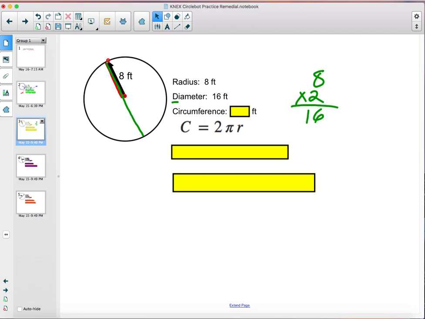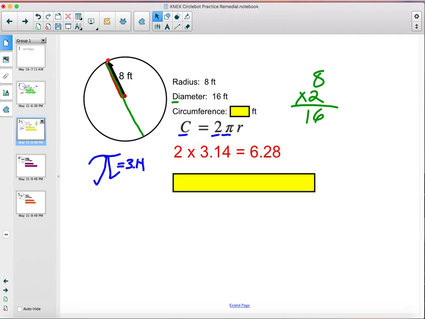Now we go on to figure our circumference, and circumference is figured by multiplying 2 times pi. Pi is 3.14, so all we have to do is multiply 3.14 by 2 and we get 6.28.